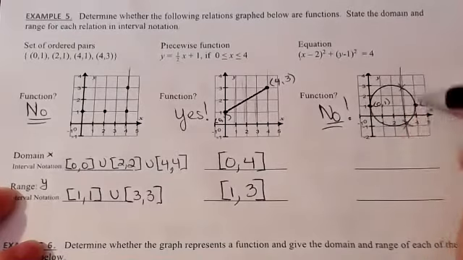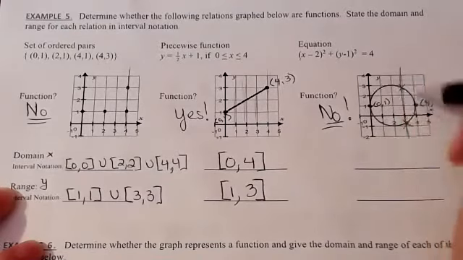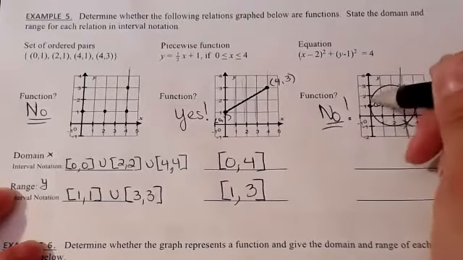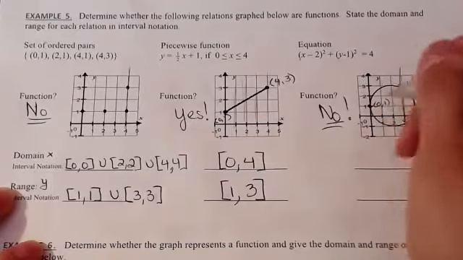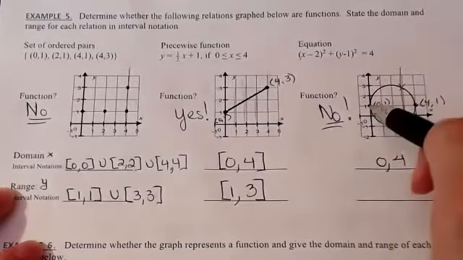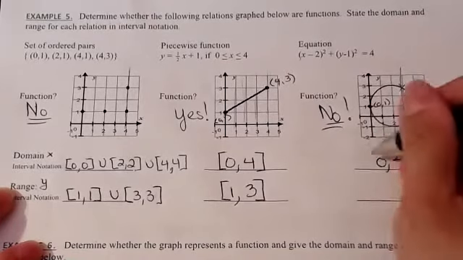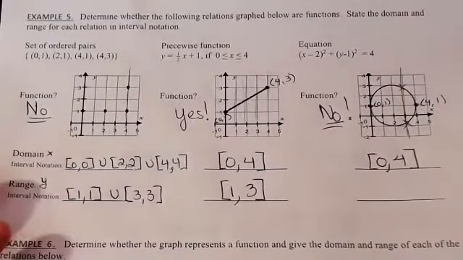Because this is a solid line, all of these points are included in my domain and range, just the ones that I've actually highlighted. So essentially my domain is going to go as far left as 0 and as far right as 4. Remember, you're just looking at your x coordinates, 0 to 4. We're going to use brackets because we are including both of those points.